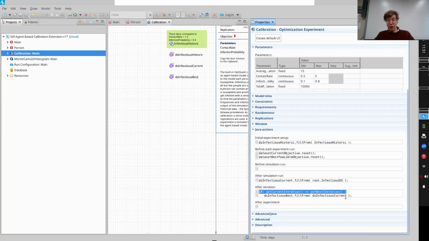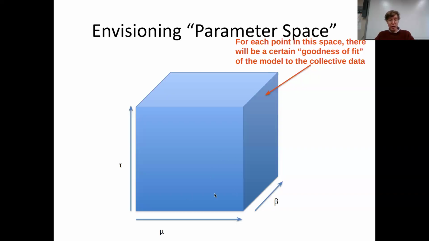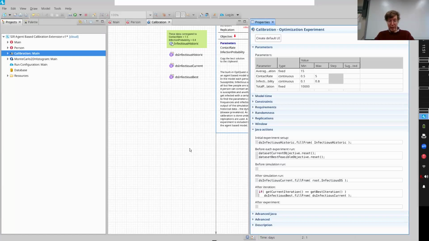If it's the best such iteration, we will record that as the best so far. And that's so that we can record what particular values of the two parameters being optimized yield the best match to the empirical data. Okay.